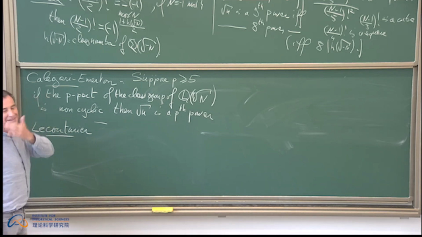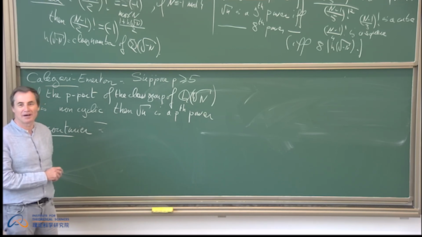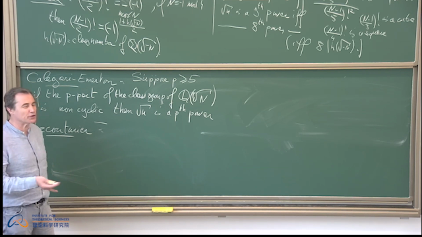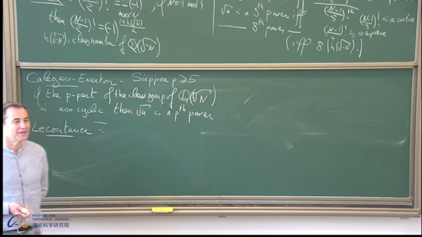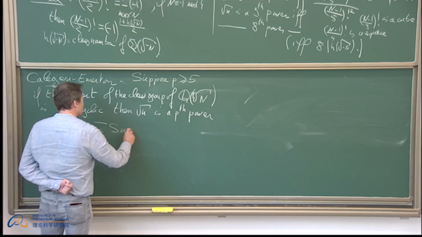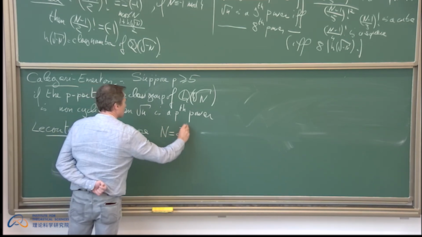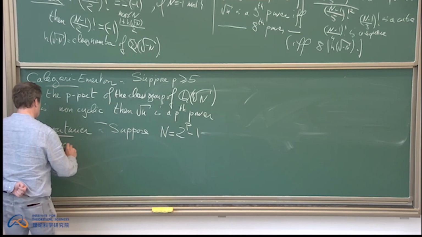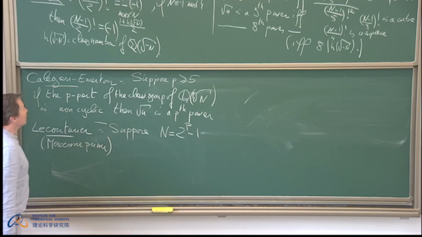So suppose n is a Mersenne prime. About 50 Mersenne primes are known, I think. And of course, there is a sort of competition to find the largest prime numbers, and most of the time, it is a Mersenne prime. So suppose n is 2 to the p minus 1.